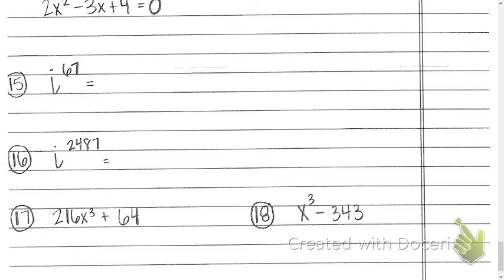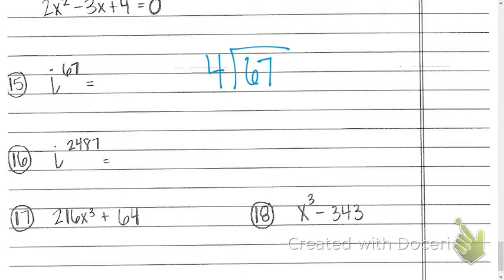So you do 67 divided by 4. For number 15, you have to divide by 4 because that's your pattern, every 4 times.